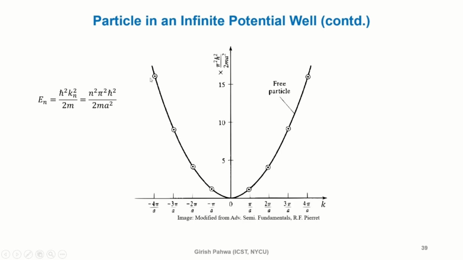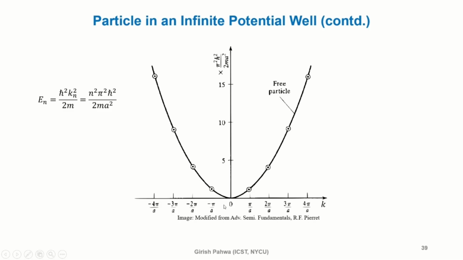Yeah. So for a free particle case, you have this solid line, but for a particle in an infinite potential well, you won't have all values possible. All values of energies are not possible, right? We know that k is discrete. So what is the value of k? 0, pi by a, 2 pi by a, 3 pi by a, 4 pi by a, and so on, right? And if we allow a negative value of k also, although they represent the same wave function, just for the sake of drawing this, I've put minus values also.